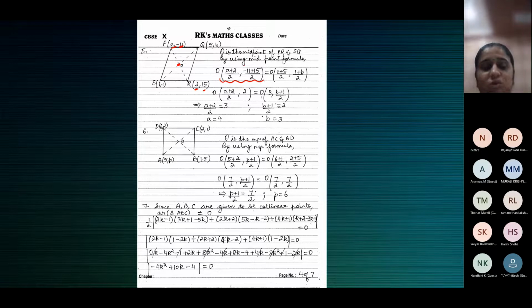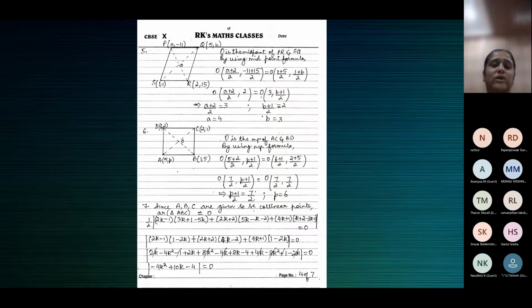You can also find the coordinates of the same point O using Q and S: (5 plus 1) by 2, (b plus 1) by 2. Both will give you the coordinates of O. That means the x coordinate will be equal to the x coordinate, and the y coordinate will be equal to the y coordinate. Equating that, you will get the values of A and B.